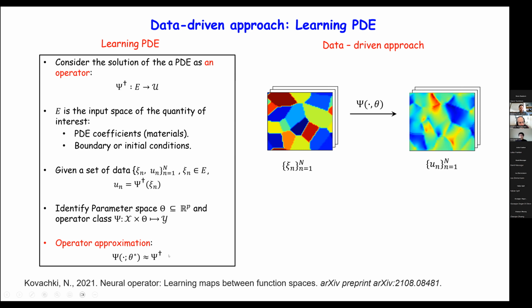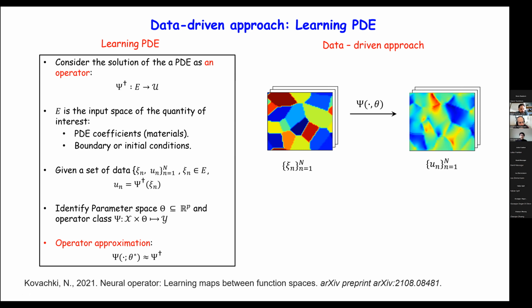And we would like to do this using a neural network or neural operator that I'll discuss in a minute. You can see that the key difference is that we're now not solving a PDE, but learning a PDE, meaning we're going to try to learn a family of PDEs that is parameterized by its coefficient.